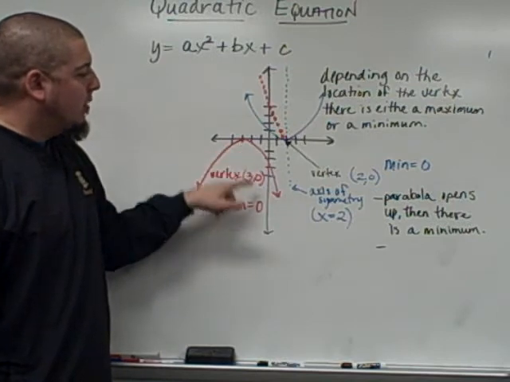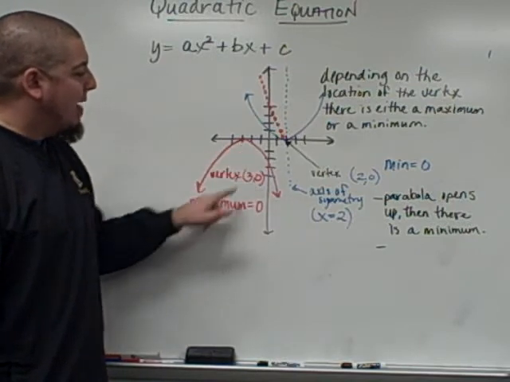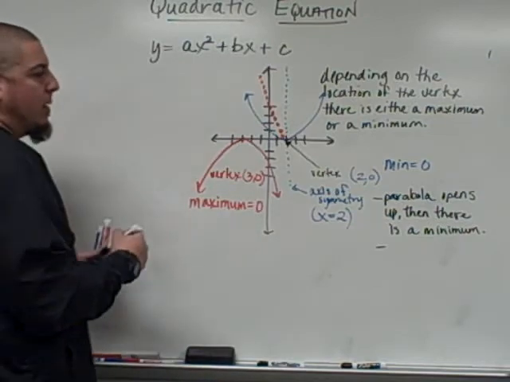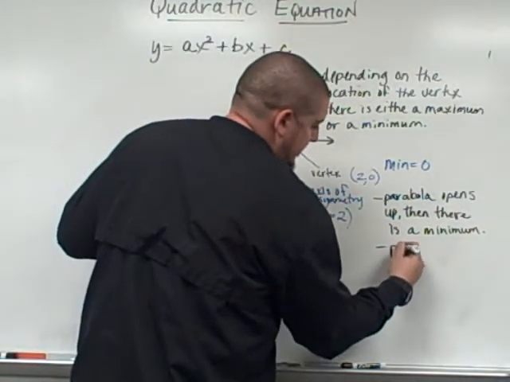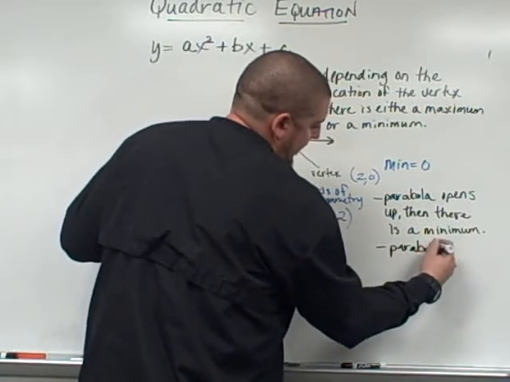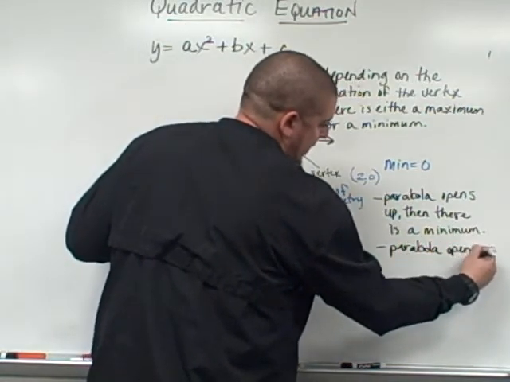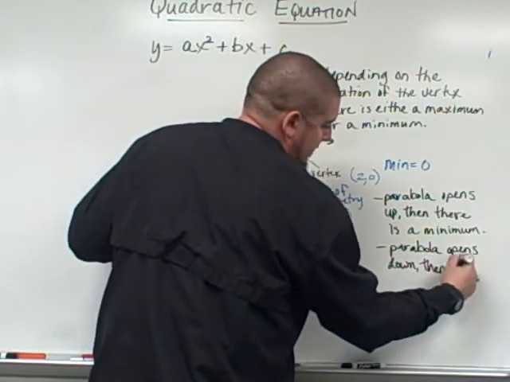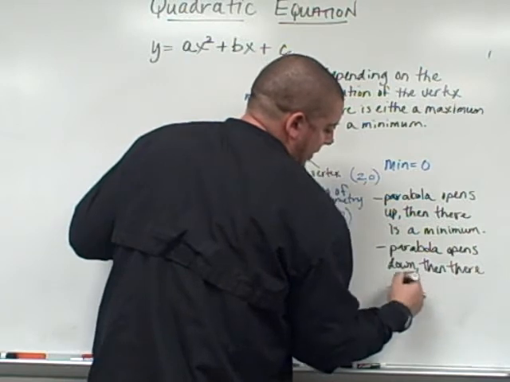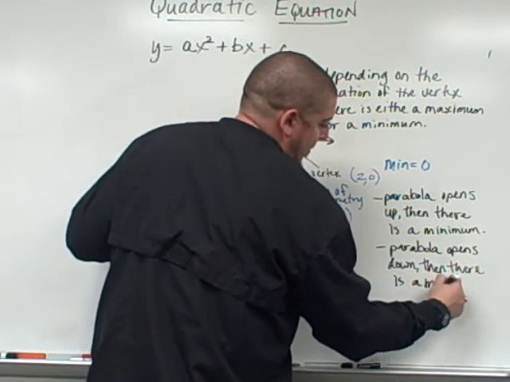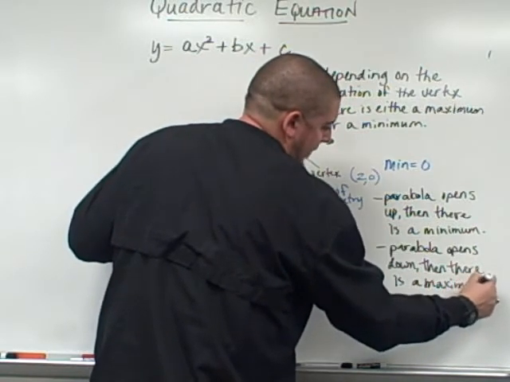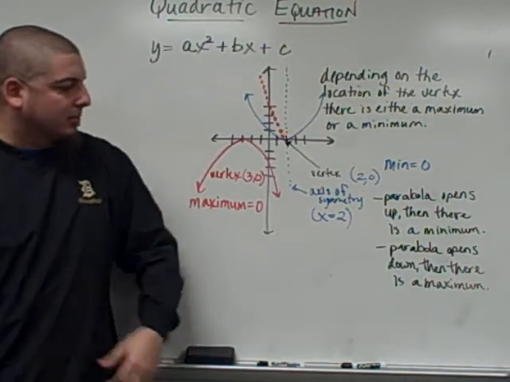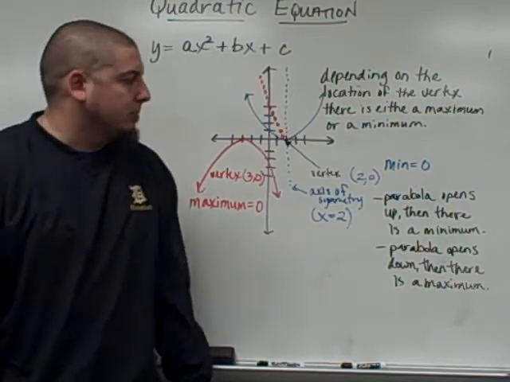It just so happens that my vertex is 0. Remember, that maximum value is based on the y value of the vertex. So when the parabola opens down, then there is a maximum. Parabola opens up, then there is a minimum.